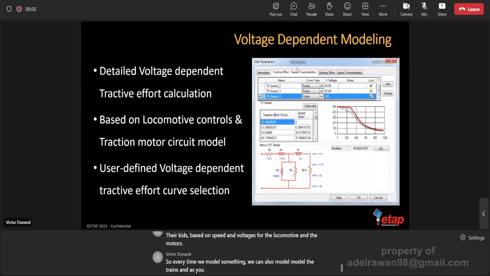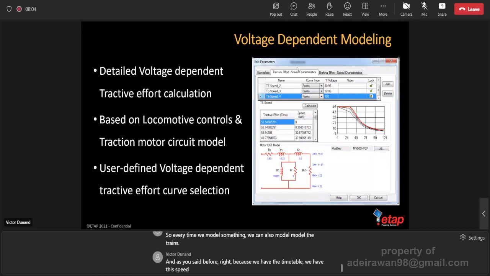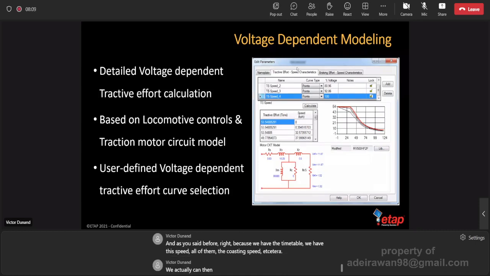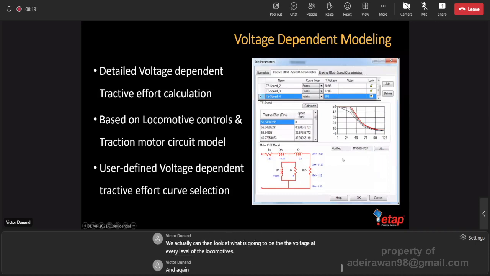And as you said before, because we have the timetable, we have the speed of them, the coasting speed, etc. We can then look at what is going to be the voltage at every level of the locomotives. And again, you can configure the stock library, or you can add your own rolling stock libraries as well.